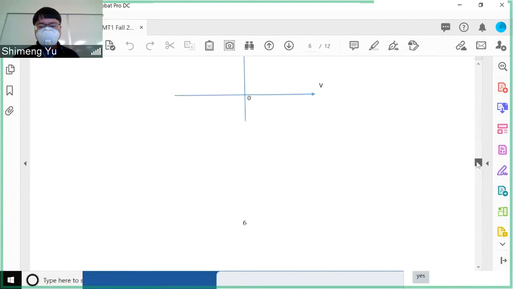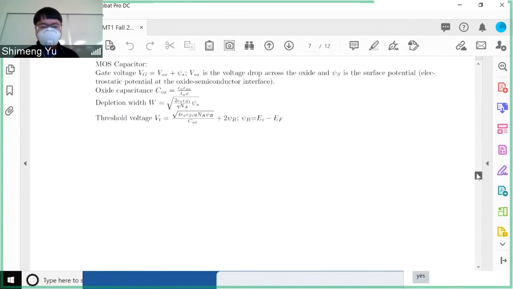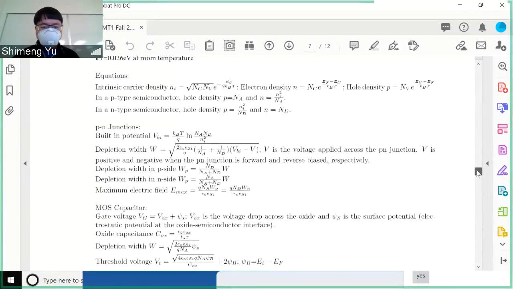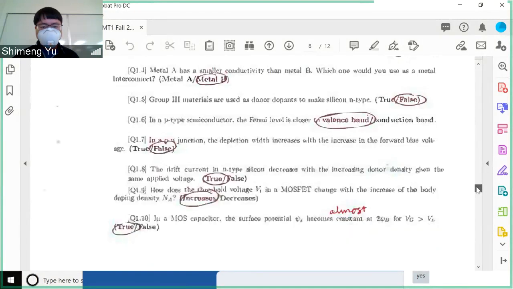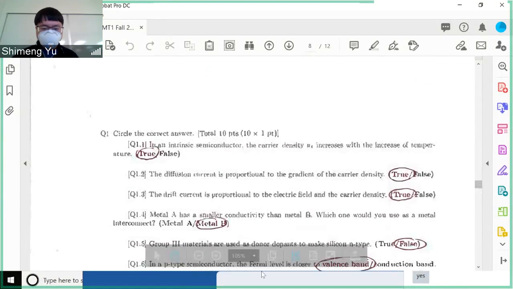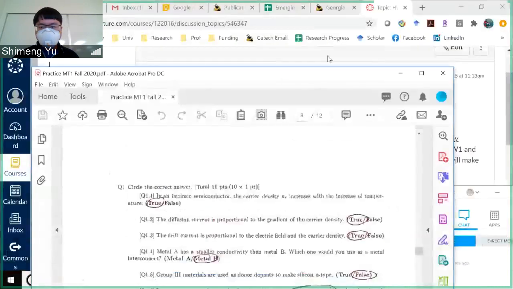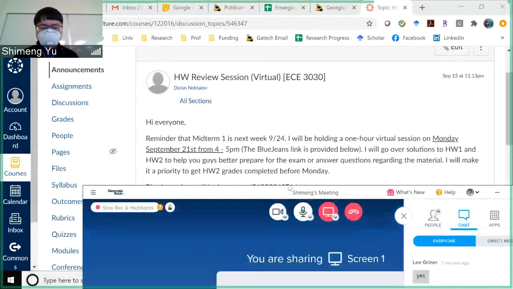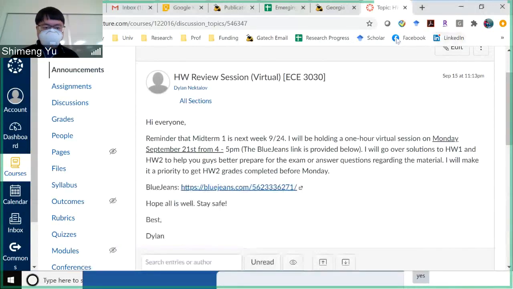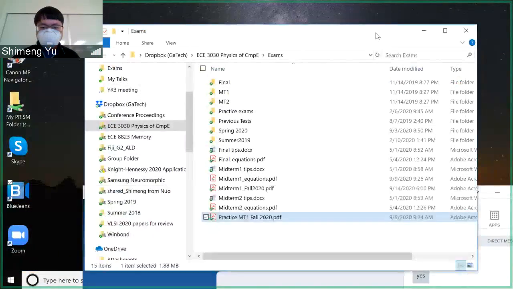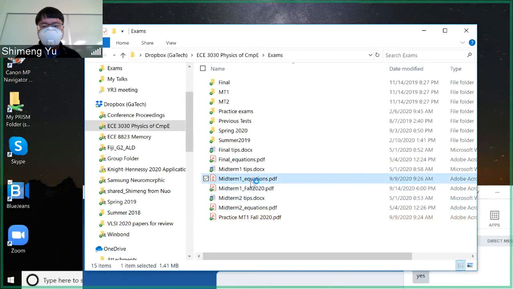The reason is that if you recall the diffusion current, we don't have it here, but I will provide it in the exam folder. You see there is a PDF file with the equations like this.